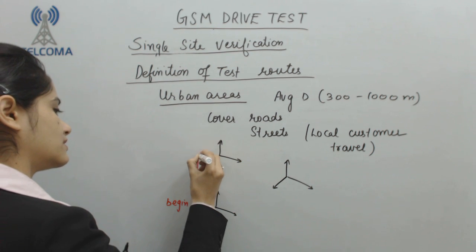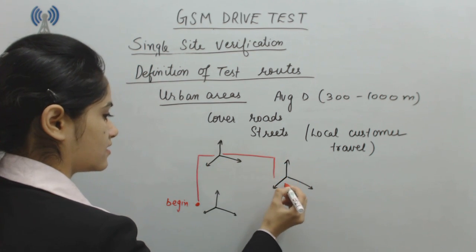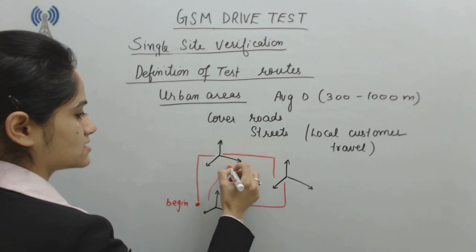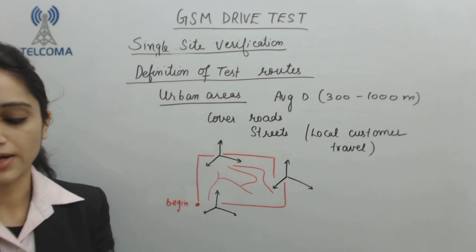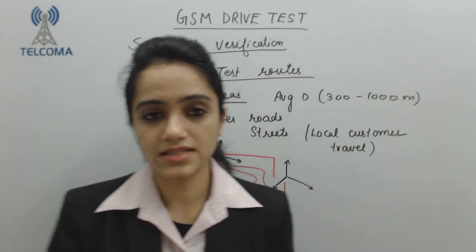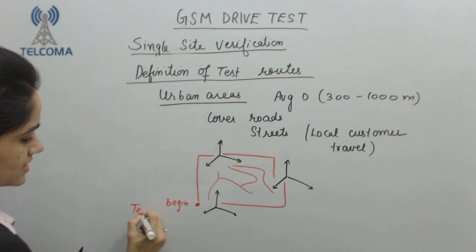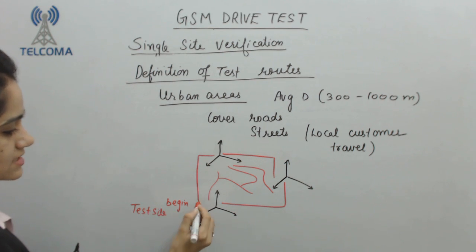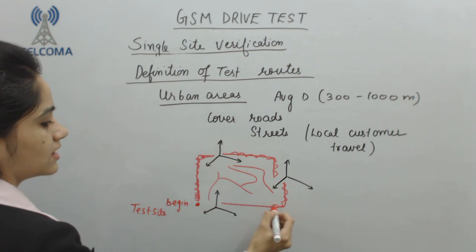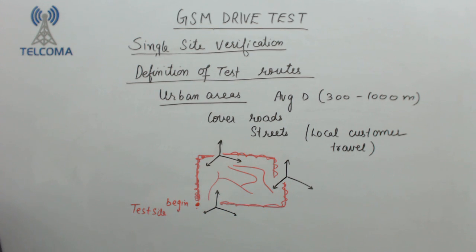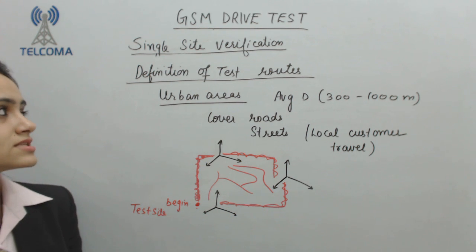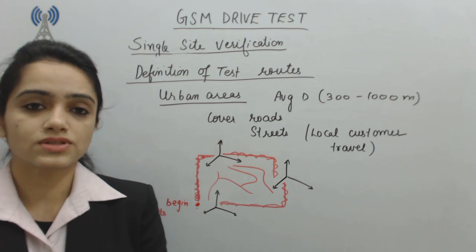It is required to cover this. If this is the major road, then if there is some street, we require to cover this too. So where is my test site? That means the site from which I have started. If this is my test site, I started driving from here. If I'm covering the major area, then I require to complete at this point because I have started from this point. So this is the definition of test route in an urban area.